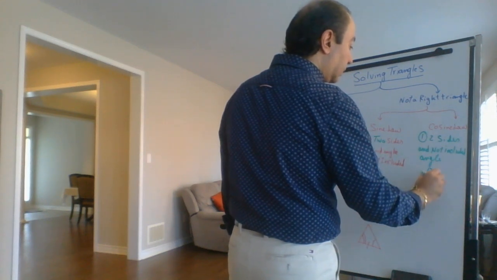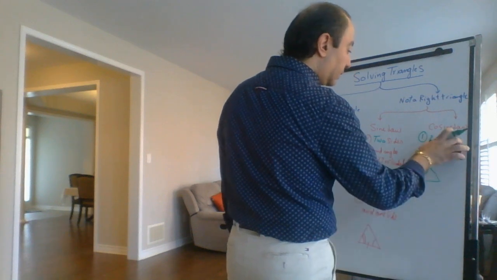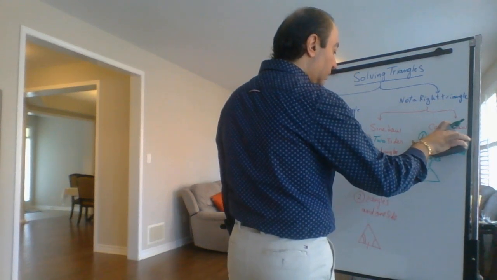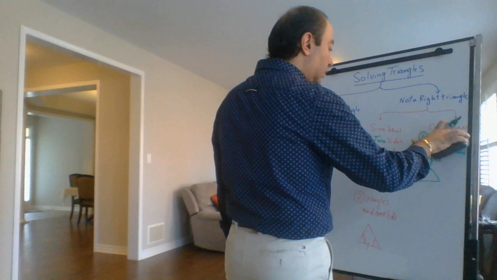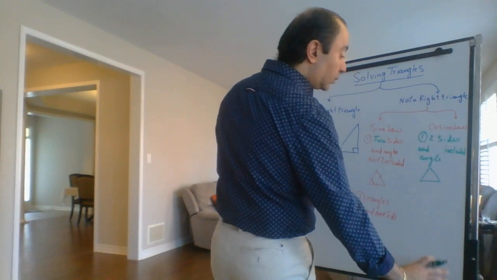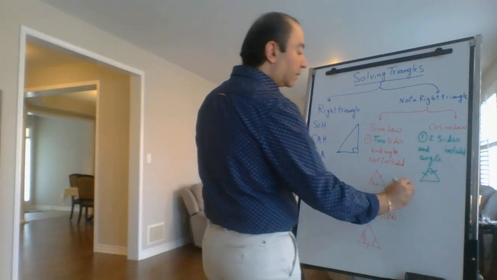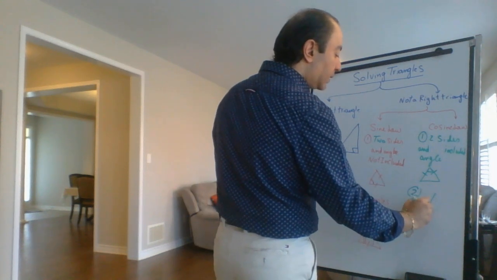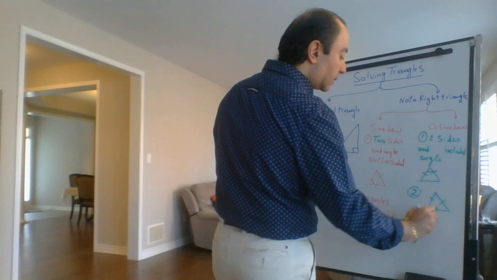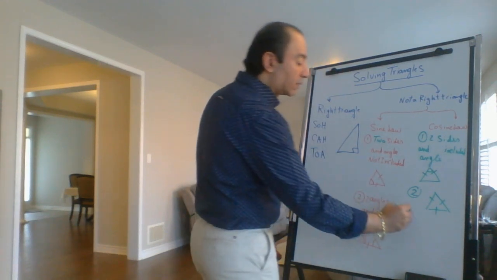So if we know two sides and the angle that's in between them, we use cosine law. The second case, if we know three sides, we use cosine law.